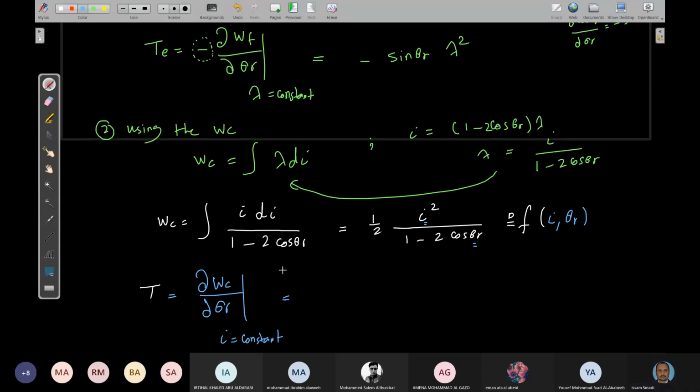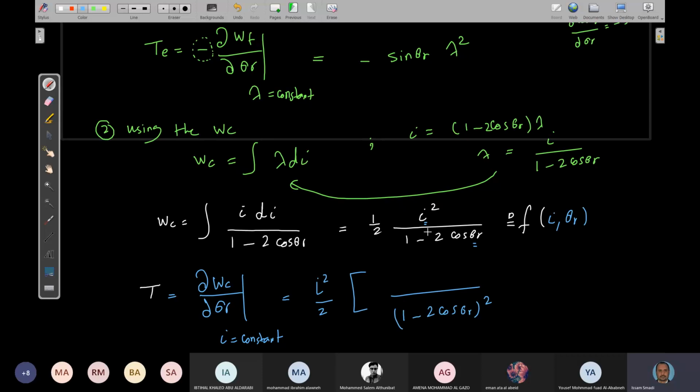Correct? Now, 1 I square over 2 is constant. I will leave it out. And if I need to differentiate, this will be the 1 minus 2 cosine theta r all square.